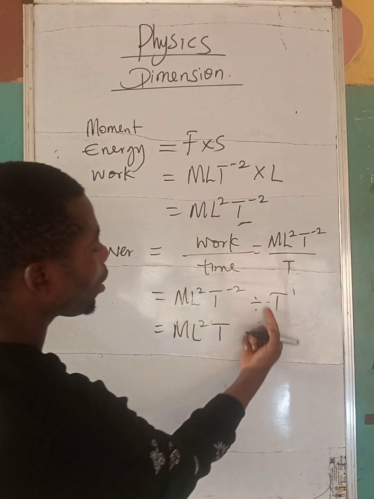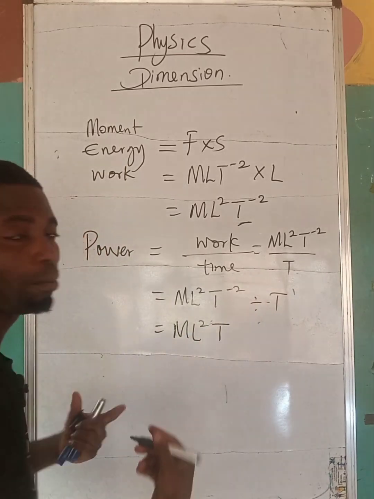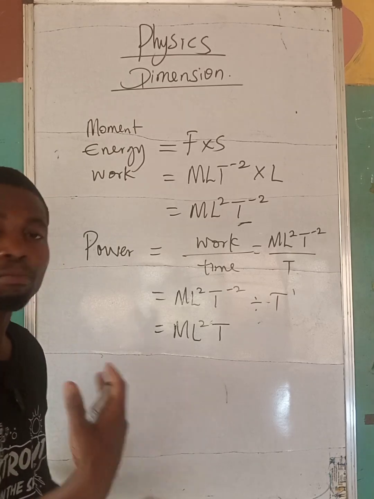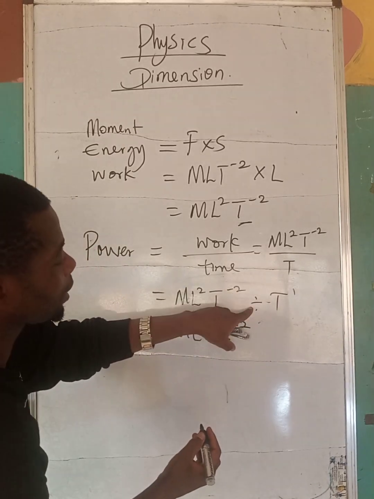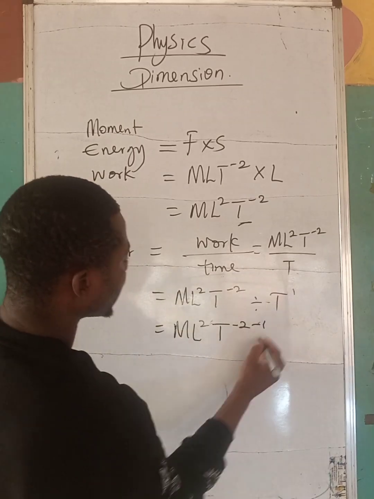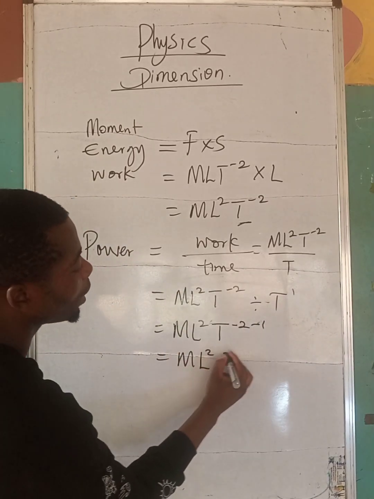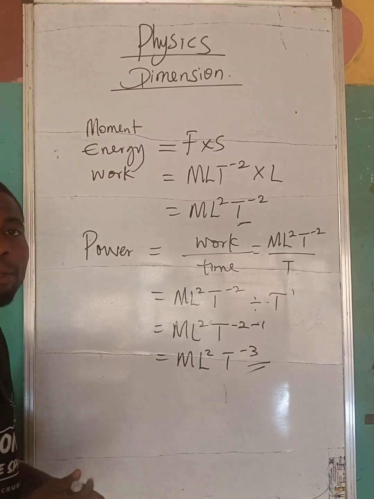The law of indices says that if they have division in between, the division will change to minus. That means you subtract the power. So we have minus 2 on top of this, and this one becomes minus 1. In here we have M L^2 T^-3. So that's the dimension of power.